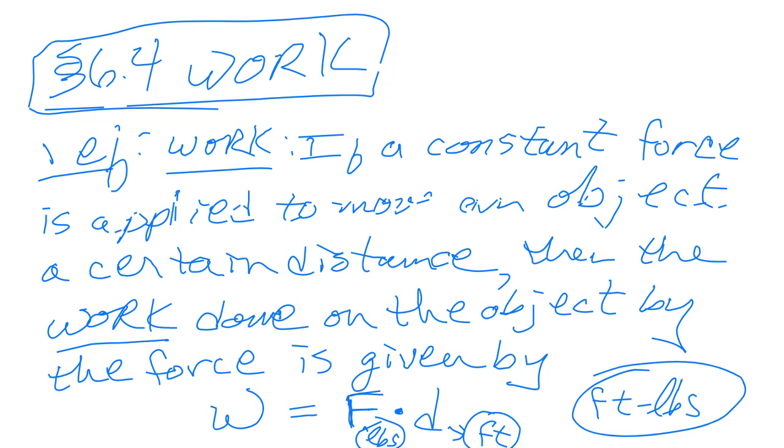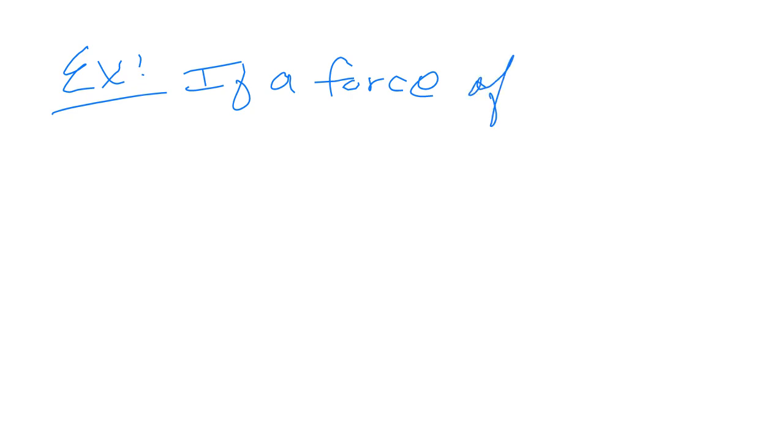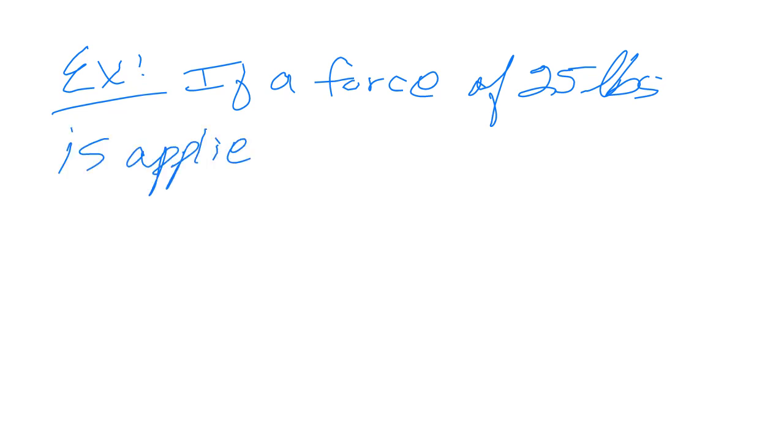Let's just look at an example of this. If I have a constant force of 25 pounds applied to an object to move it 10 feet, what work is done?